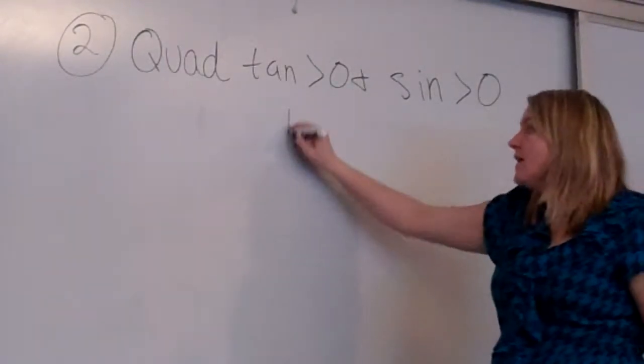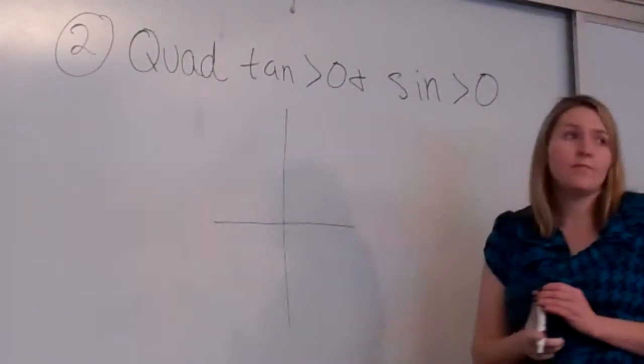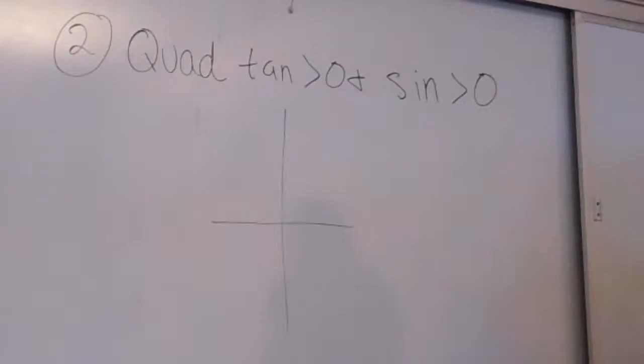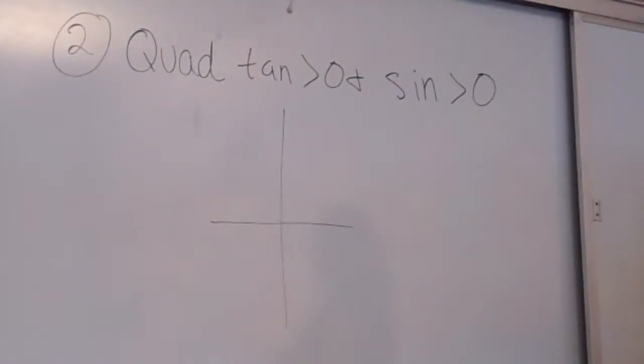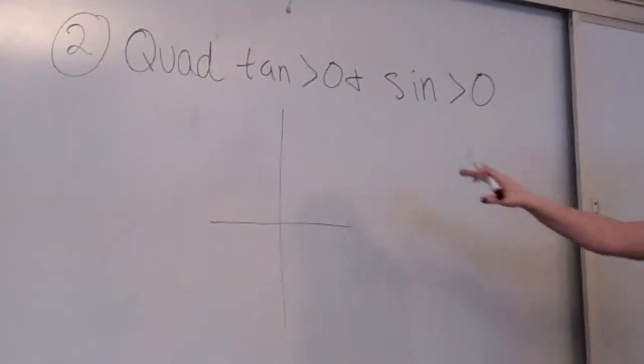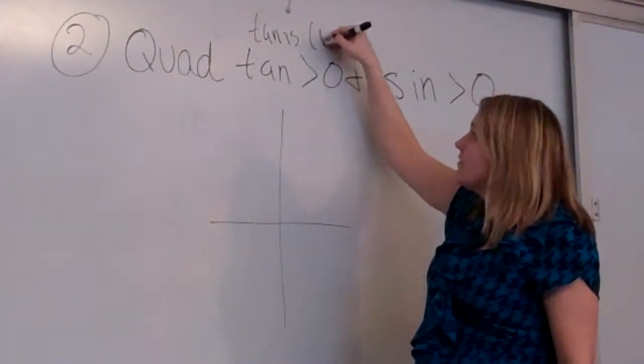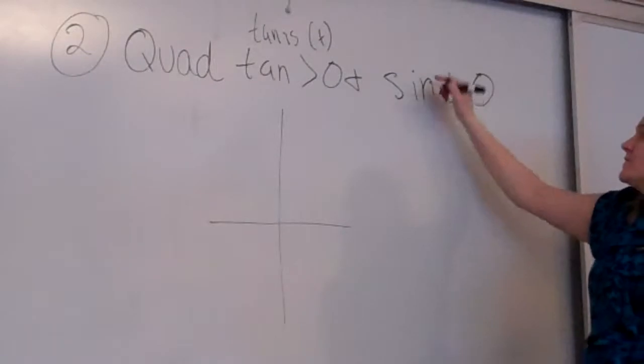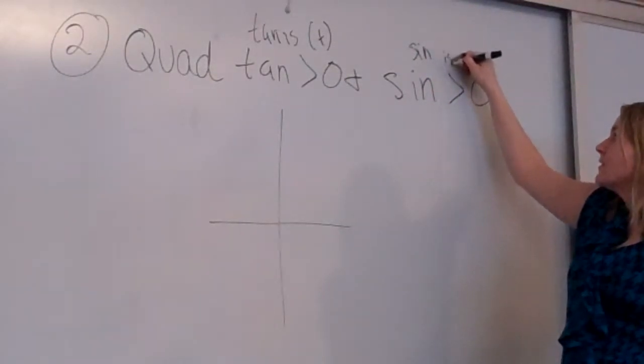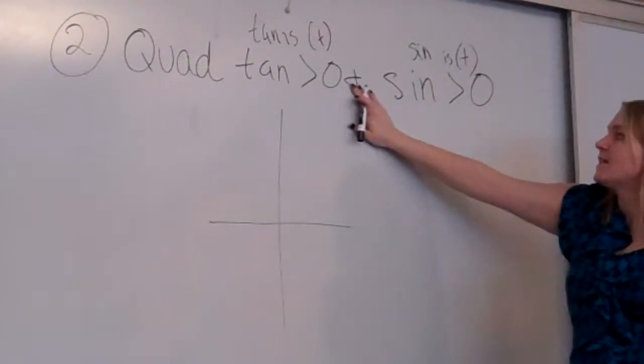Now, once you guys kind of start getting the hang of it, you'll be able to figure it out. The value. So meaning where tangent is positive and sine is positive. That's an and sign.